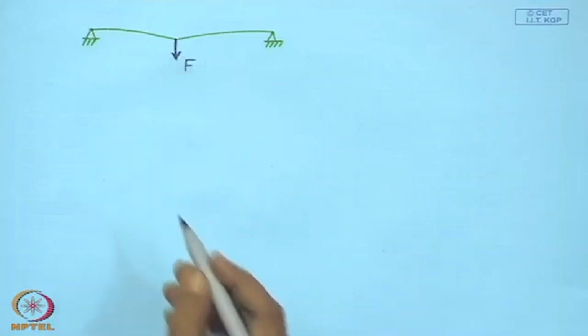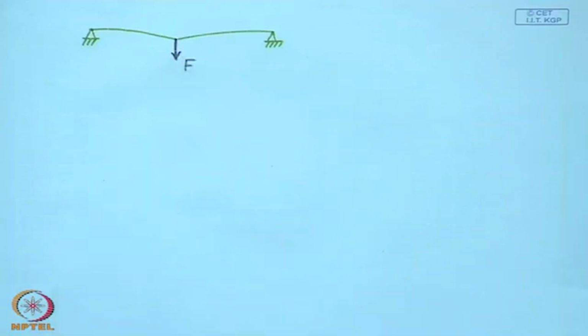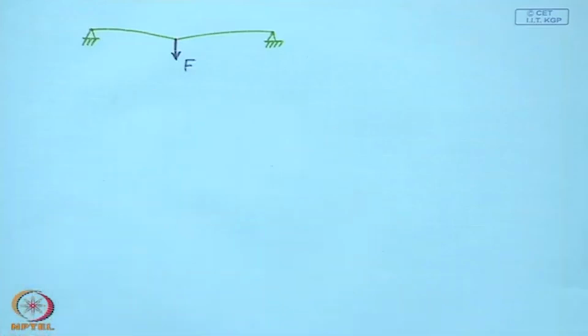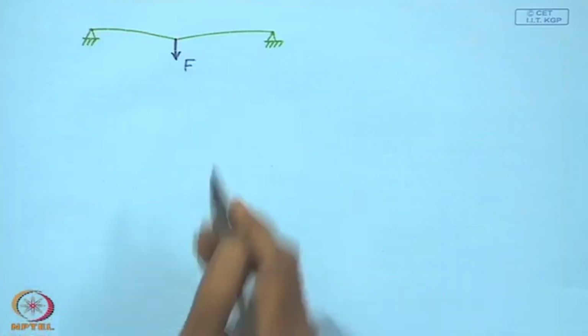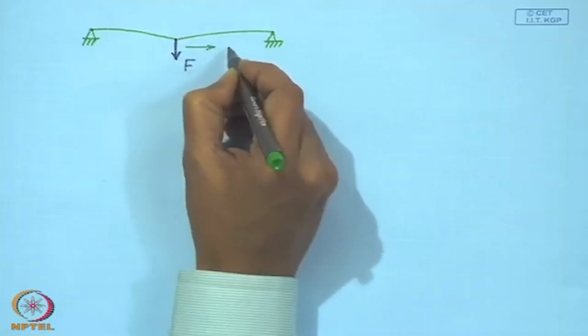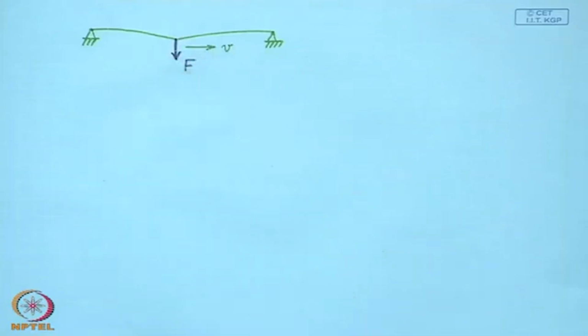So, this is not exactly the cable car problem, but something analogous to it, and this constant concentrated force is moving at a speed v on the string.